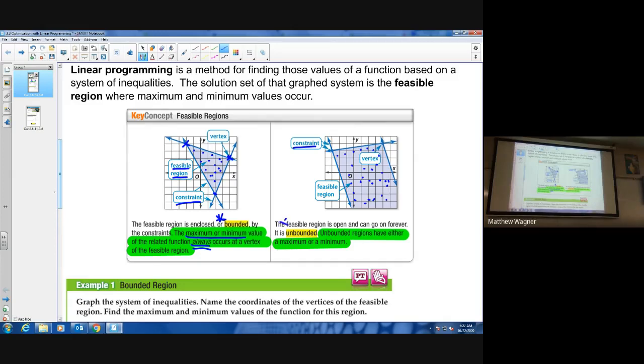With your unbounded regions, these are slightly different. You'll have either a maximum or minimum. Since your region is going to go on and continue forever, there's either going to be a maximum and no minimum, or a minimum and no maximum. So you just want to keep that in mind as we go through things.